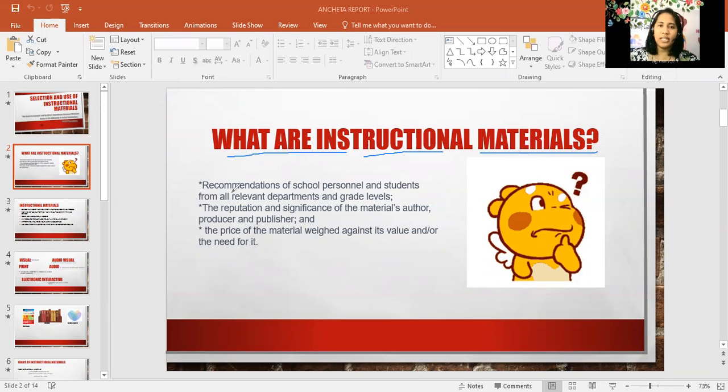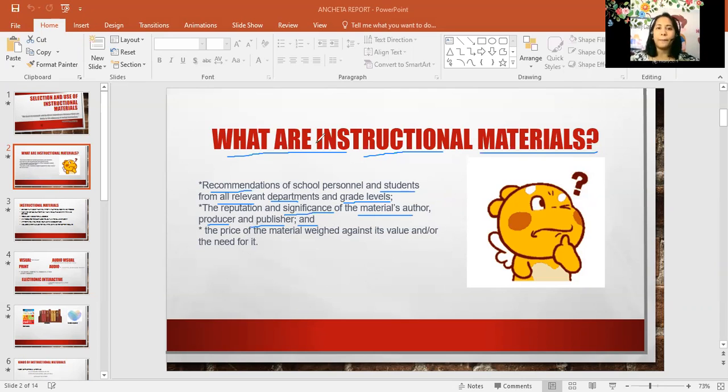It is a recommendation of school personnel and students from all relevant departments and grade levels. The reputation and significance of the material's author, producer, and publisher, and also the price of the material, are weighed against its value and or the need for it.